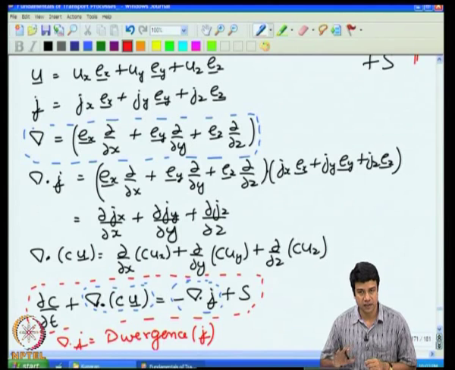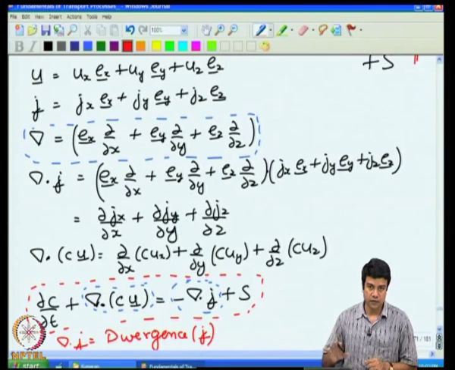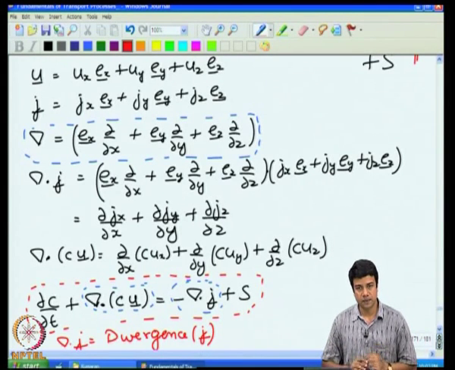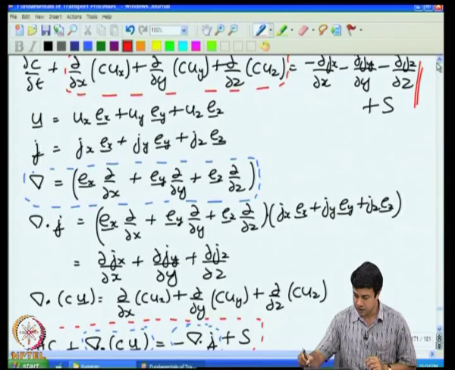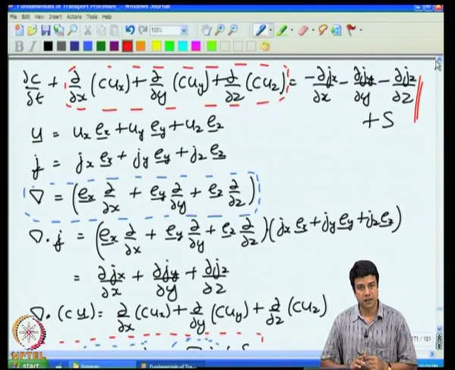It is valid for any coordinate system, provided I define the gradient operator and the fluxes and the velocities appropriate to that coordinate system. So, in that sense it is more general. When I write it in the Cartesian coordinate system, then that equation in terms of the vector gradient, flux and velocity expanded out is the equation right on top.